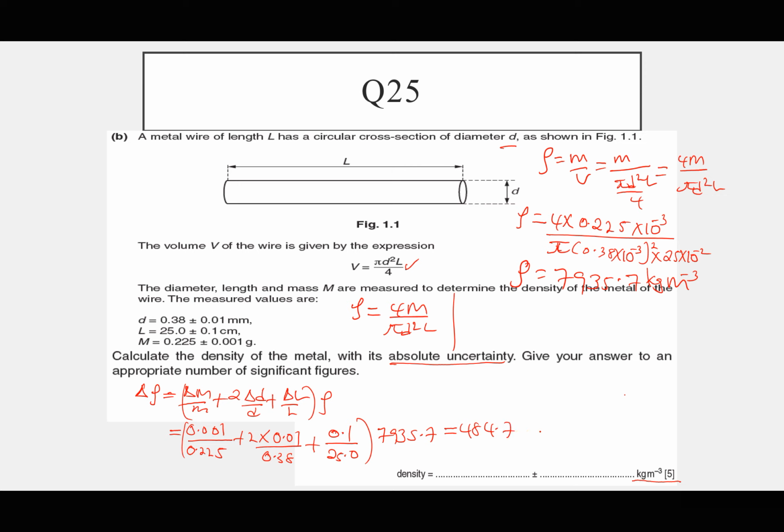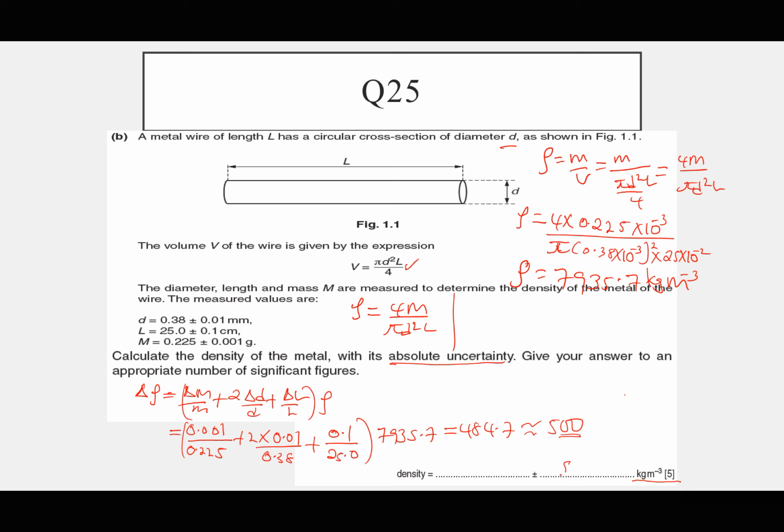So this is giving me the absolute uncertainty as 484.7. But remember, the teacher said the absolute uncertainty is good enough to one significant figure. So we must record this to one significant figure. This will be approximately 500. It is ending in two zeros, and the teacher said we go back and rewrite the true value as a whole number ending in two zeros.